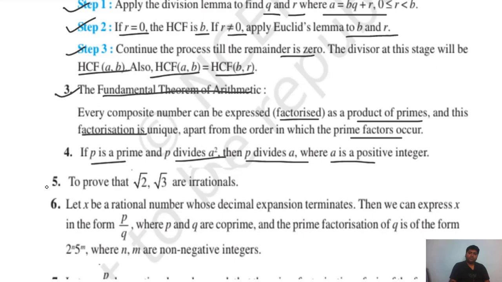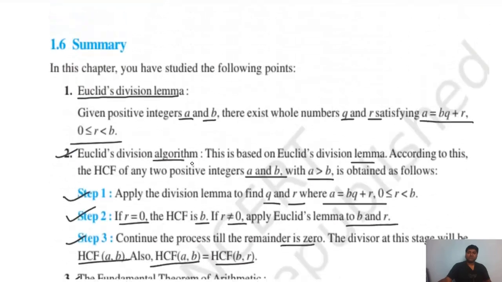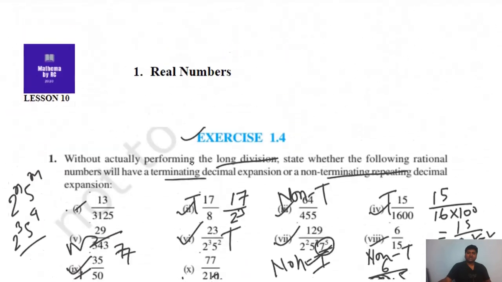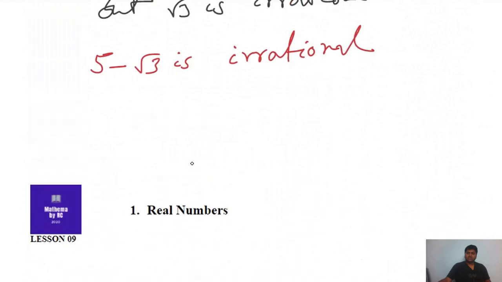To prove that root 2 and root 3 are irrational numbers, we assume by contradiction that they are not irrational, and we get a contradiction. We also solved this portion, root 2 and root 3 being irrational, in a previous class. You can see it in our YouTube channel playlist.